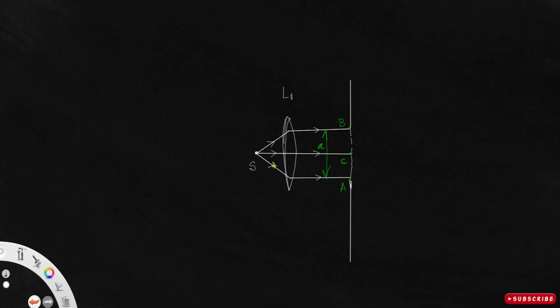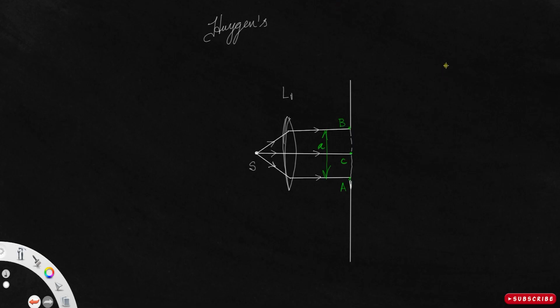This is the direction. According to Huygens principle, we usually call him Huygens, whatever. According to his principle, every point on this wavefront acts as a source of secondary wavelets.